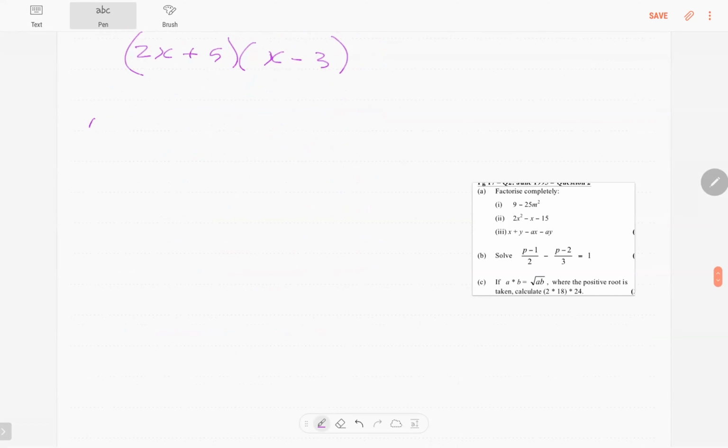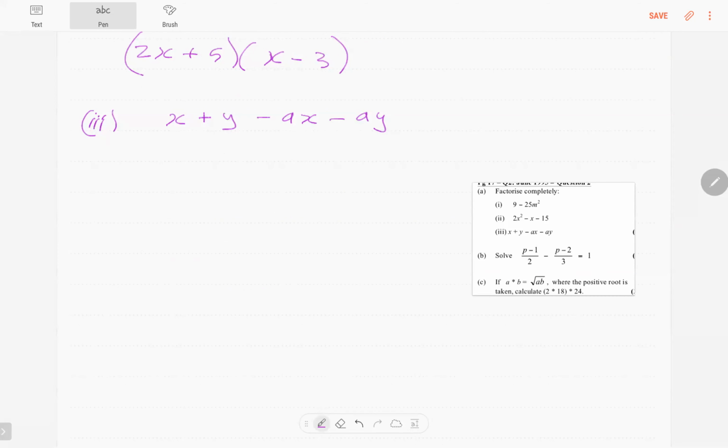That is part 3, which is to factorize x plus y minus ax minus ay. All right.